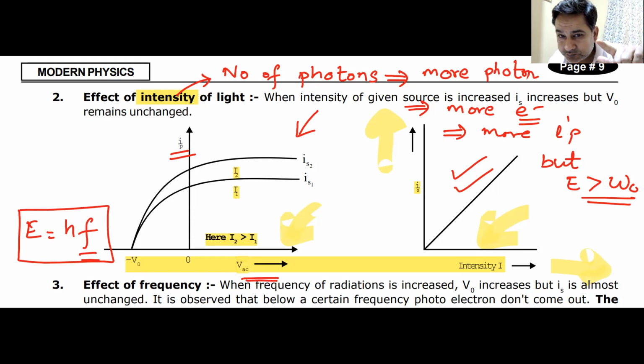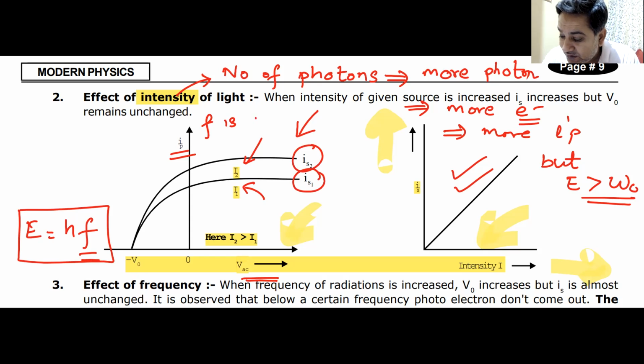Now what I have done, I have changed the intensity. In one case, the intensity is I1, and in the second case, intensity is I2. Intensity I2 is more than intensity I1, but the frequency is same.